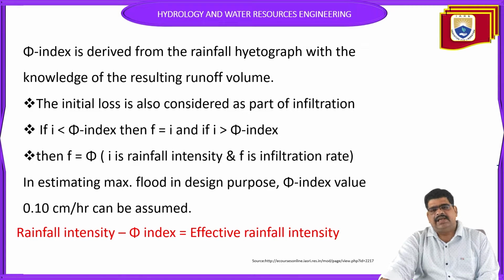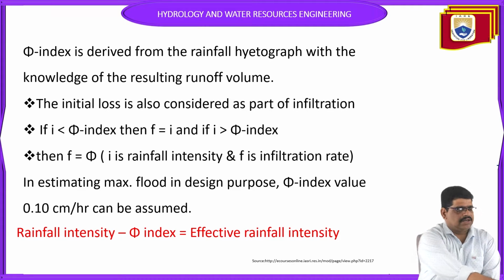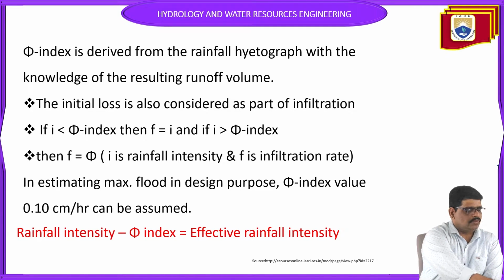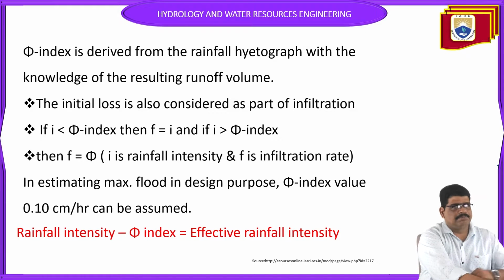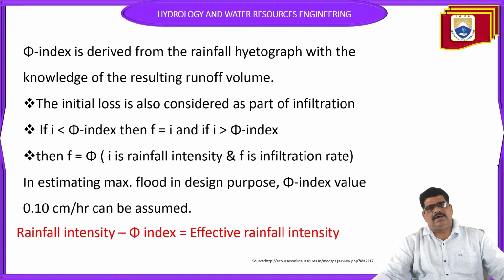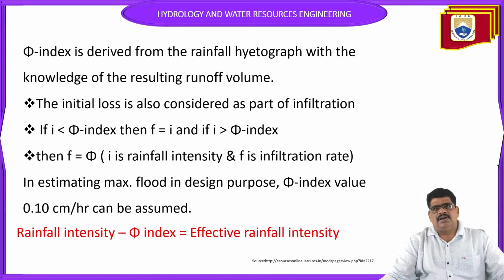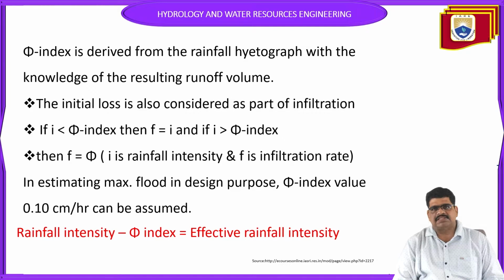Next, the initial losses are considered as part of infiltration, and part of infiltration F is equal to Phi, where i is the rainfall intensity and F is the infiltration rate. In estimating the maximum flood for design purposes, a Phi index value of 0.10 centimeters per hour can be assumed.